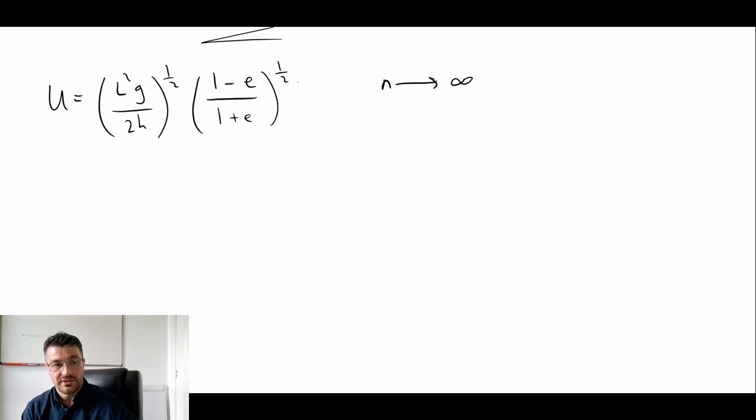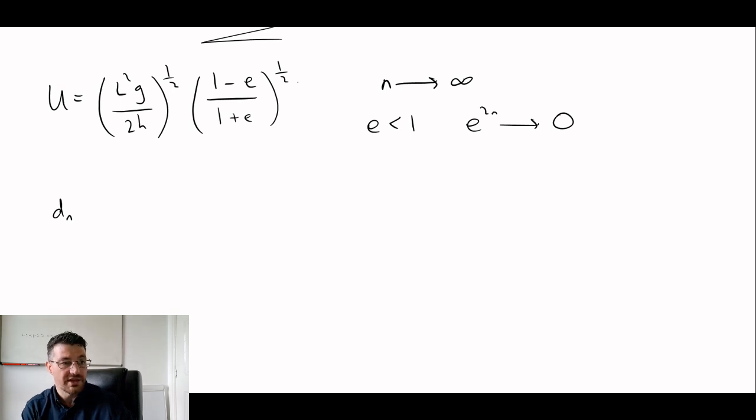Well, one thing that we know, if n approaches infinity, and also if e is less than 1, is that e to the power of 2n is going to approach 0. So let's have a look at our formula for d_n. What happens to d_n as n approaches infinity?